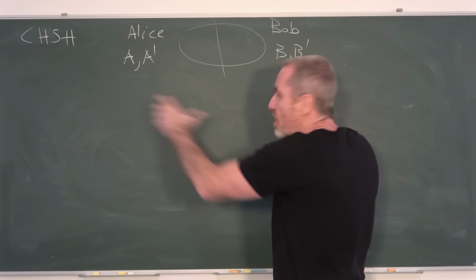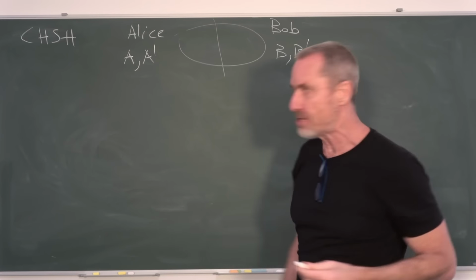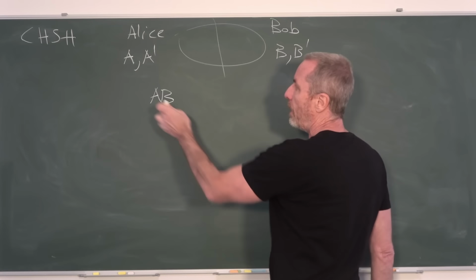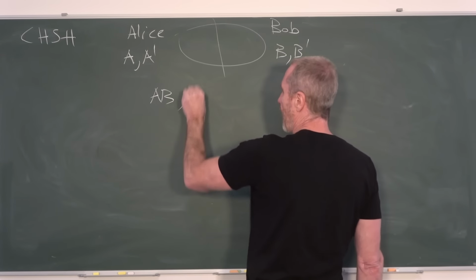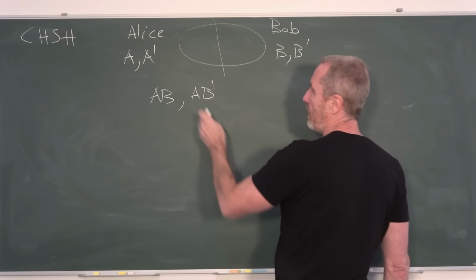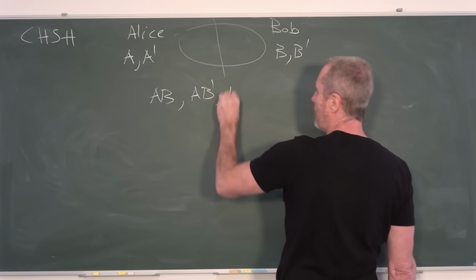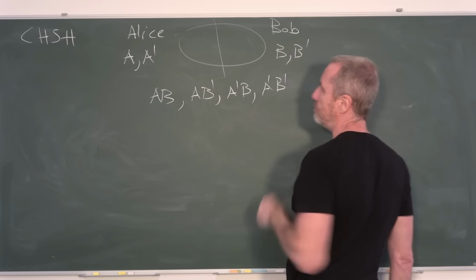Therefore, they generate four different kinds of joint measurement. One joint measurement is AB, where Alice performs A and Bob performs B. The other one is AB prime, where Alice performs A and Bob performs B prime. Then of course A prime B and A prime B prime.